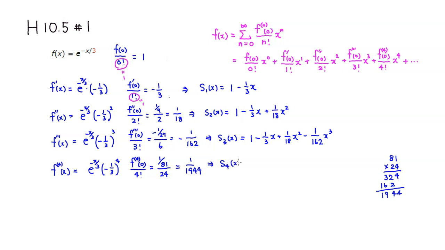Therefore, S4 is going to have 1 minus 1/3 x plus 1 over 18 x squared minus 1 over 162 x cubed plus 1 over 1944 x to the fourth. So let's type it in.